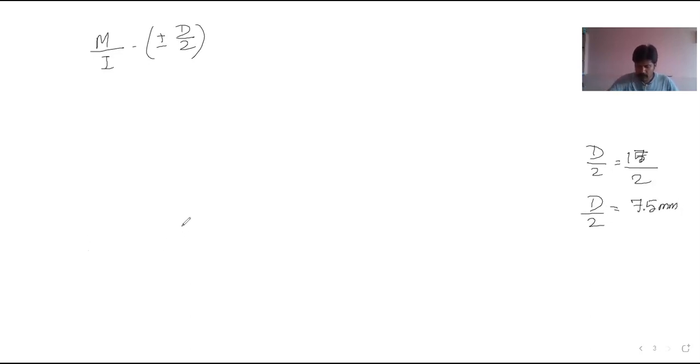Next we should move on to substitution. They have given that the maximum stress should be 20 percent greater, that is, 1.2 into sigma mean. This is the given data. The maximum stress, we all know, is direct stress plus bending stress.